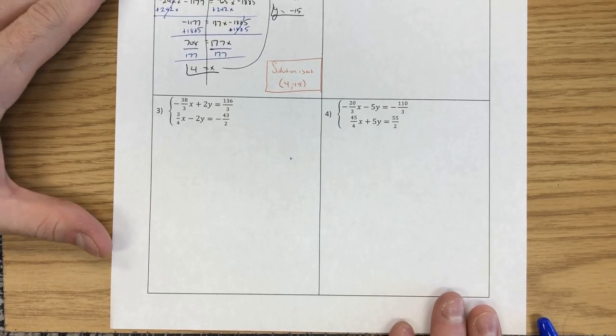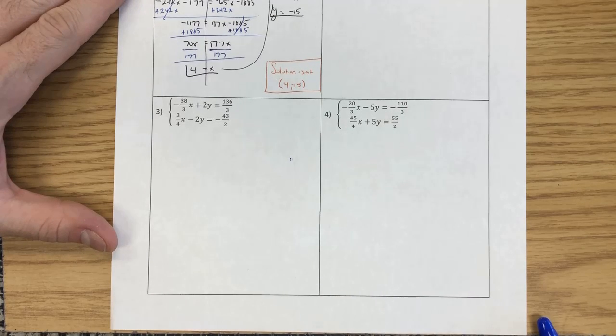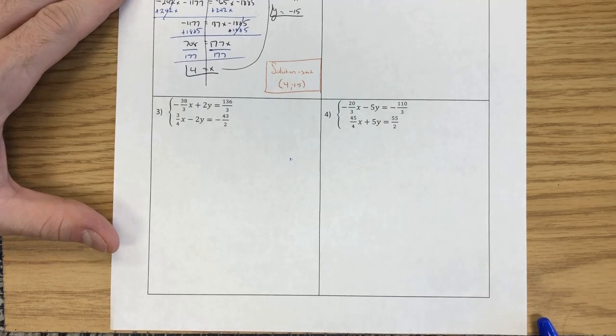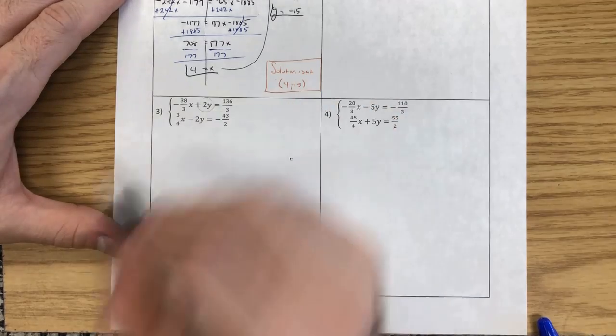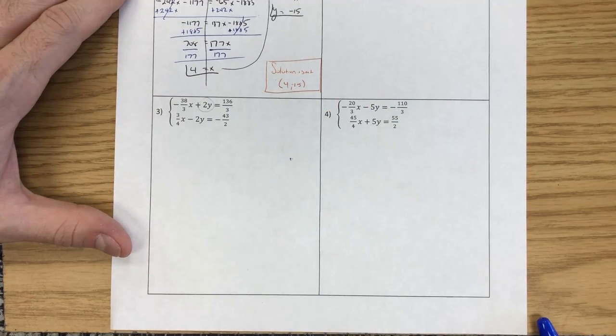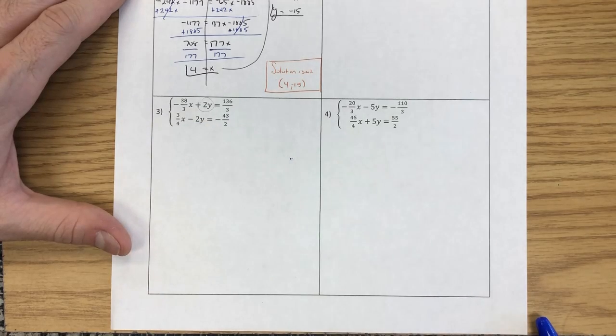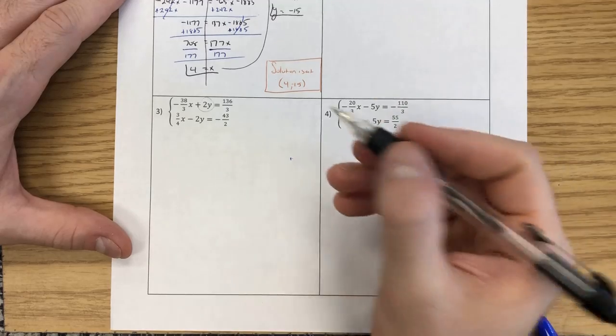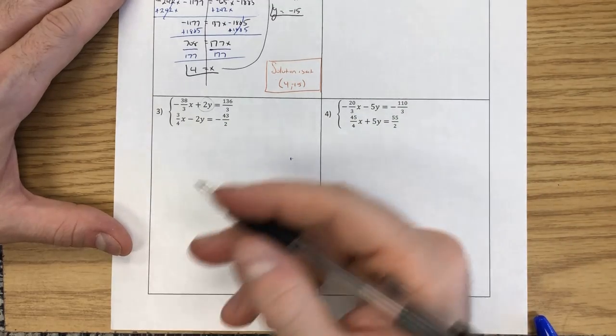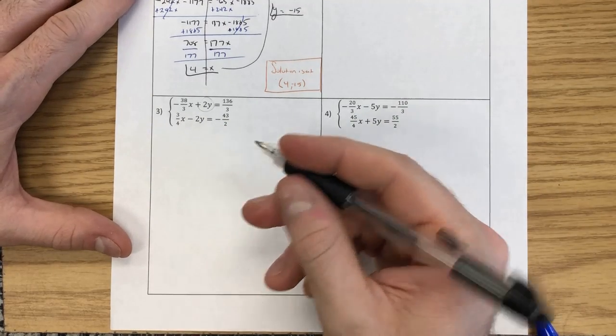This one is not in slope-intercept form, but one of the things that we do notice is that most of us are probably going to try and isolate that 2y, simply because it's a nice whole number, it doesn't have a fraction that we're going to have to deal with, and it's a positive coefficient, unlike this where it's negative. So that's going to be our most likely bet if we're using the substitution method.